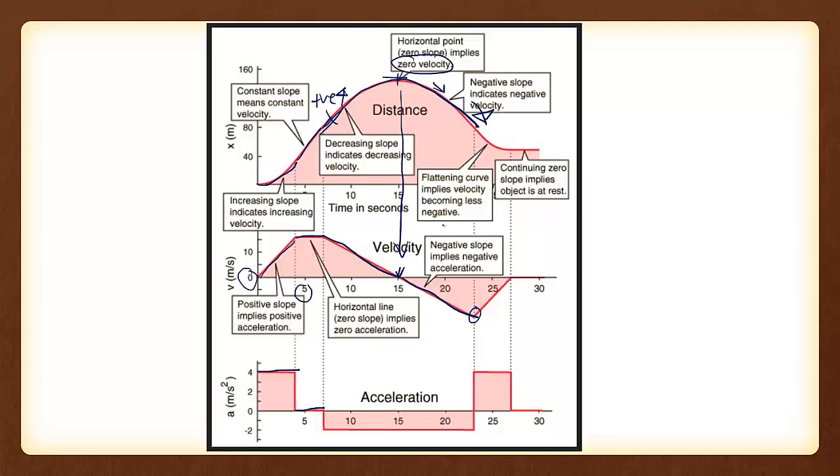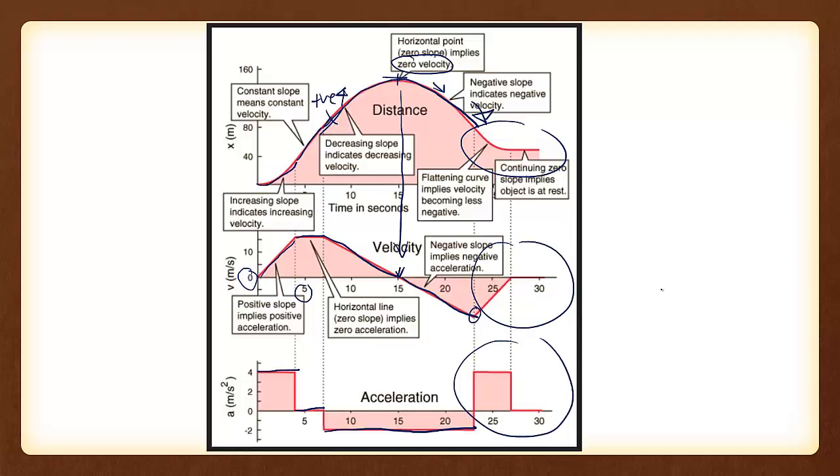So if you look at the slope of the VT graph here, the acceleration will also be negative, constant negative, because the slope here is constant negative. So that's why it's the same in the value of the AT graph here. So I think for this part you can try to understand by yourself. I'm not going to explain any more.